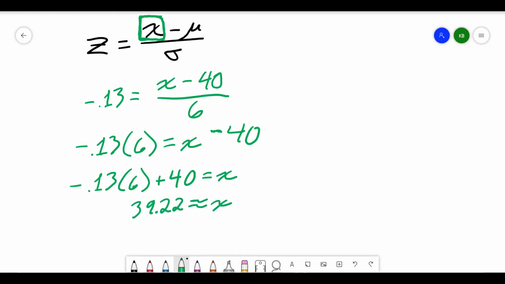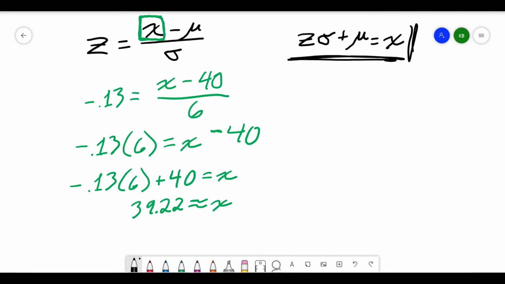Now, we like to have things in general terms, so let's take a look at what solving for x looked like. It was really my z value times the standard deviation of x plus the mean of x that gave me my x value. So whenever I want to go in reverse, I can use this formula right here, and I'll be able to get there.